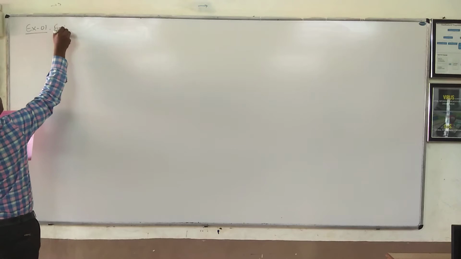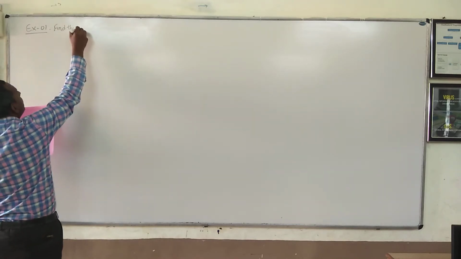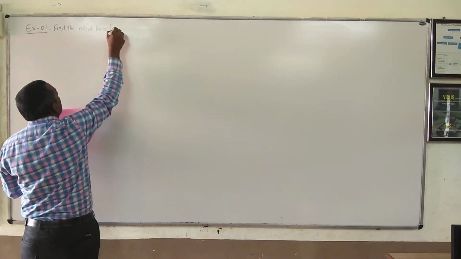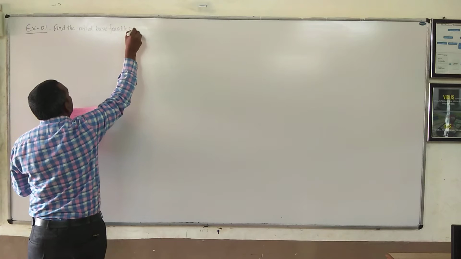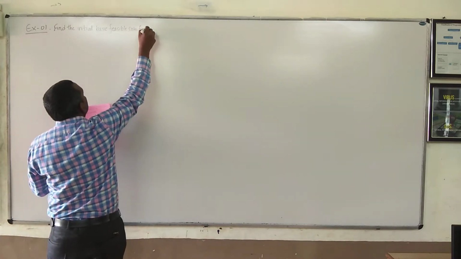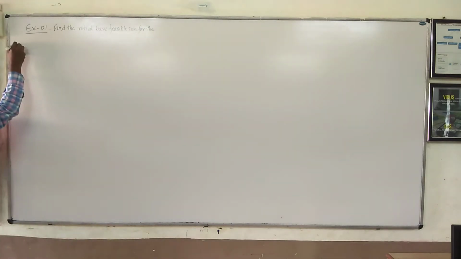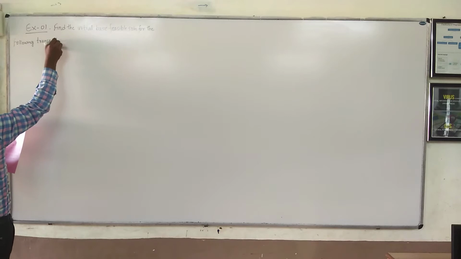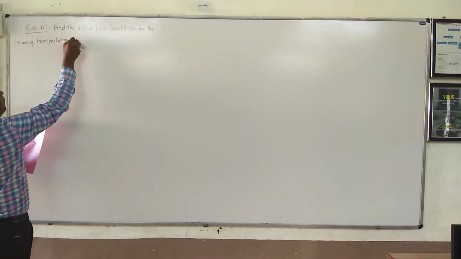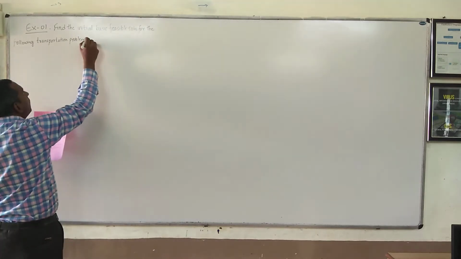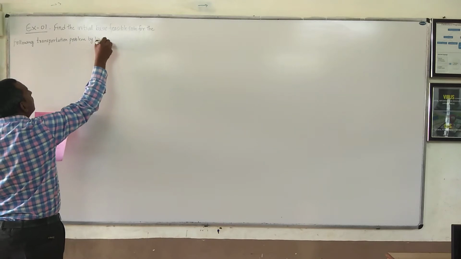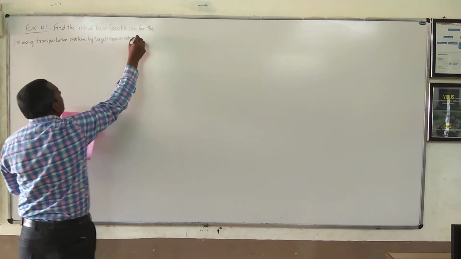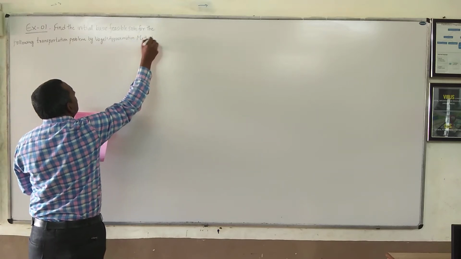Find the initial basic feasible solution for the following transportation problem by Vogel's approximation method.